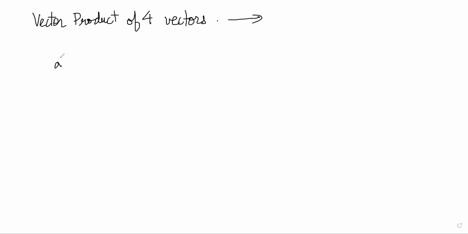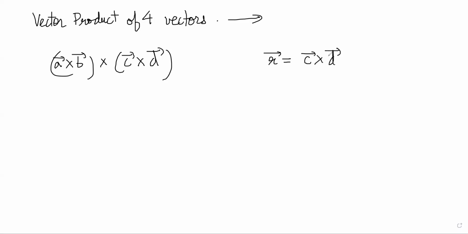The next thing, in case you have a vector product of four vectors, what do you do then? So we have, let's say, a situation like this: A cross B cross C cross D. How to handle this? Basically, what you should do here is think of C cross D as an R vector, right?